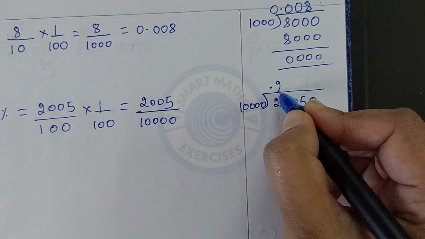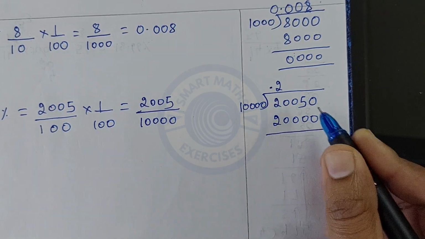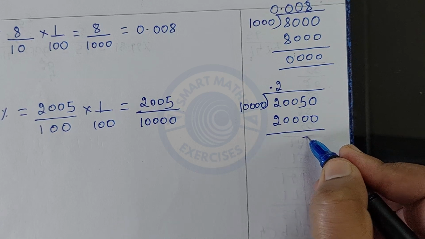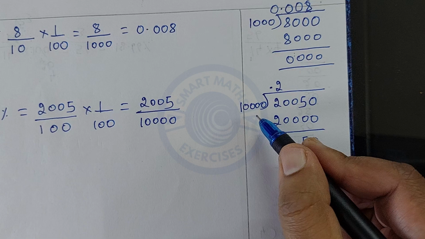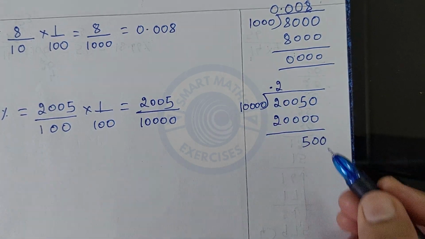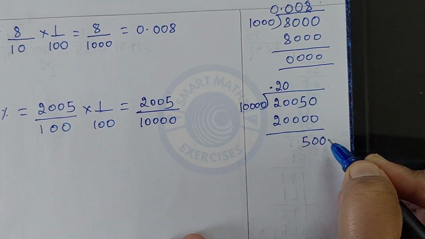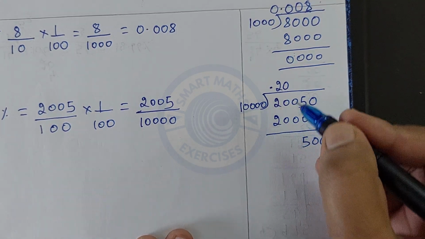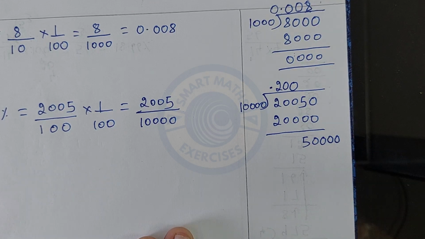Then 10,000 twos are 20,000. We subtract 20,050 with 20,000, will be left with 50. Now 50 does not go in 10,000. Since we already have a decimal point, we add a 0 here. 500 is still less than 10,000, so we add a 0 here, add 0 here as well. 5,000 is still less than 10,000, so we add a 0 here, again add a 0 here.